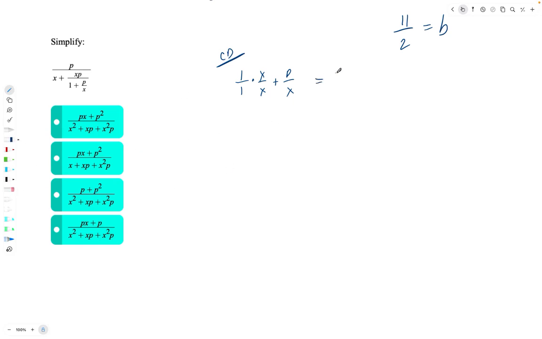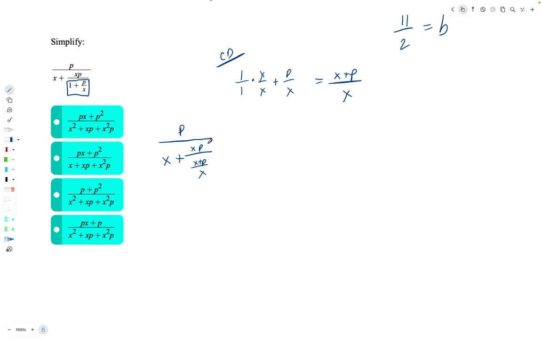This equals x plus p over x. So now our expression, sorry, it's not a formula, is p over x plus xp over x plus p over x, right? Because this took the place of this.